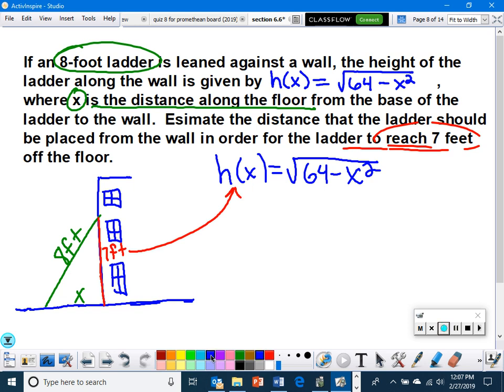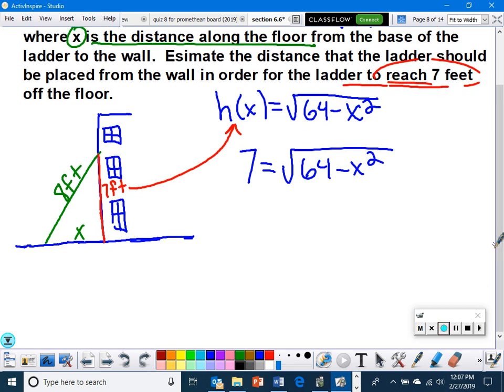So I'm going to rewrite that: 7 equals the square root of 64 minus x squared. Our goal is to solve for x, so we've got to get rid of the square root. I'm going to square both sides. So that would be 49 equals 64 minus x squared.